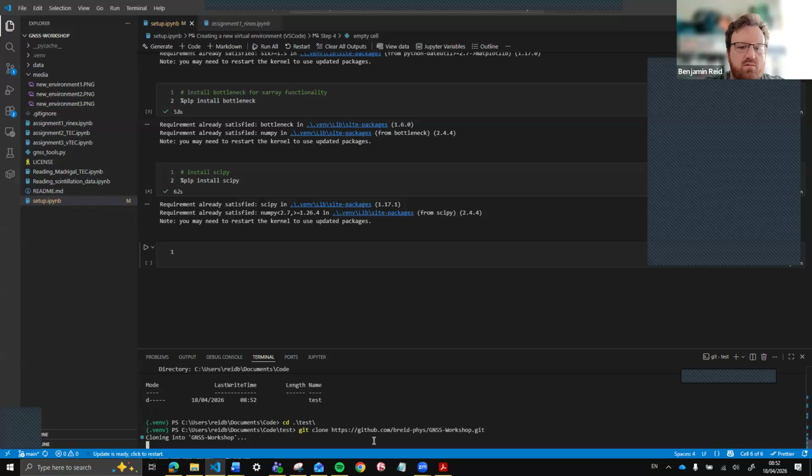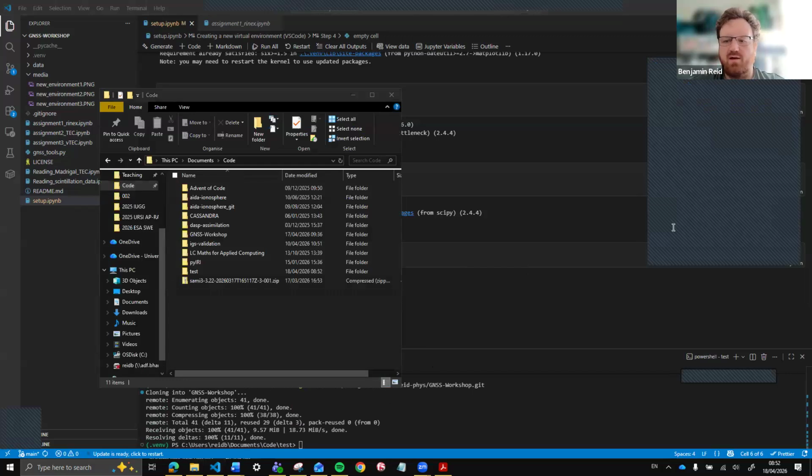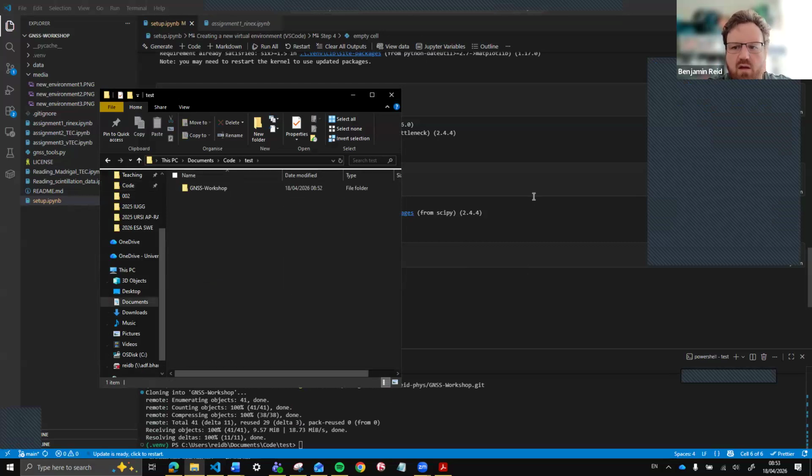Oh no. What did I just do? Okay, no, it's good. So if you just do git clone this, it will make a nice little directory right here. I did just test.